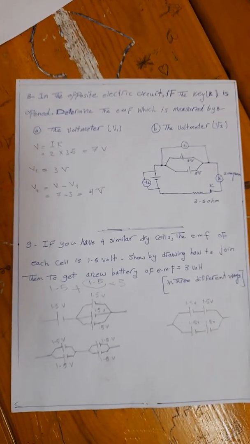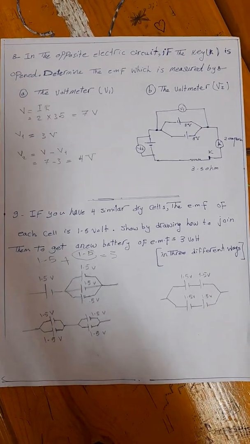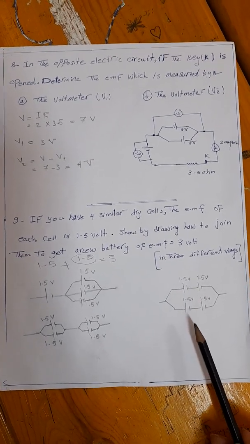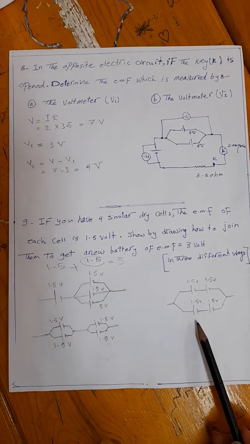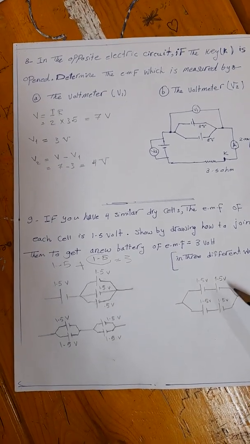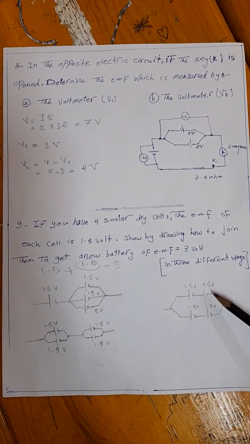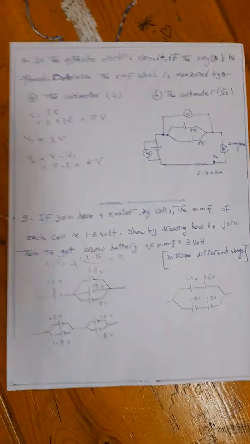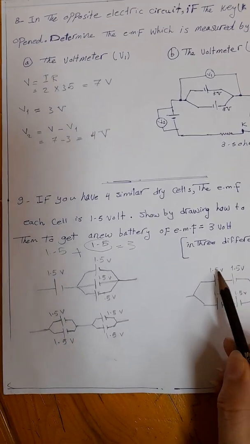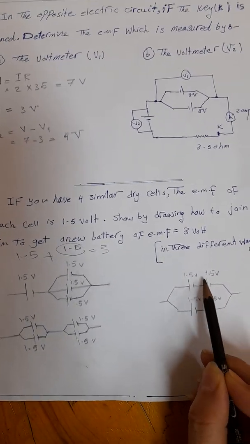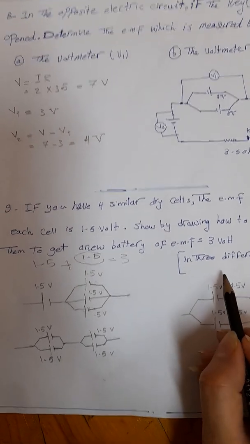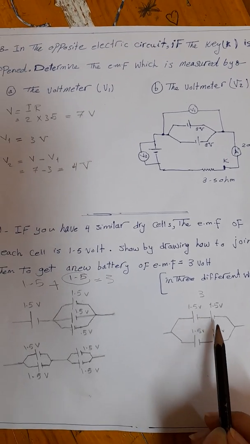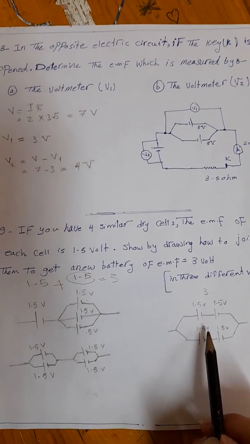In another way, 2 cells are connected in series and the other 2 cells are connected in series, and then these 2 cells are in parallel with the other 2 cells. The electromotive force of these 2 cells is 3 by adding the 2 values because they are connected in series.